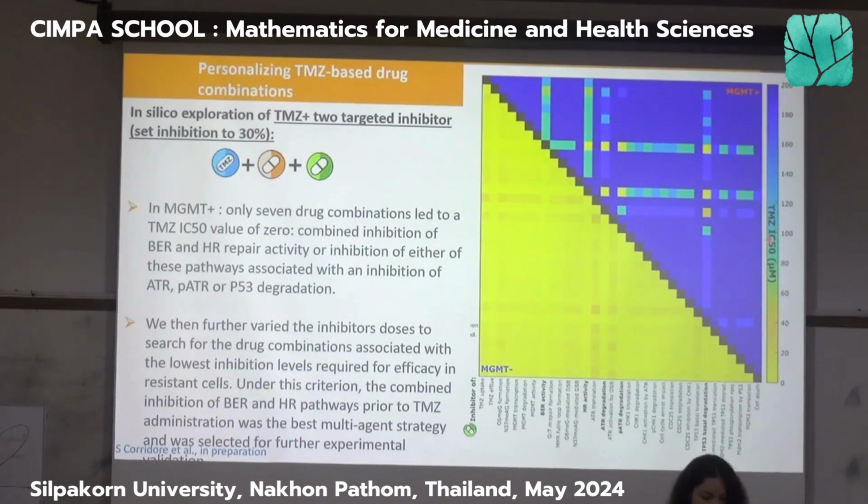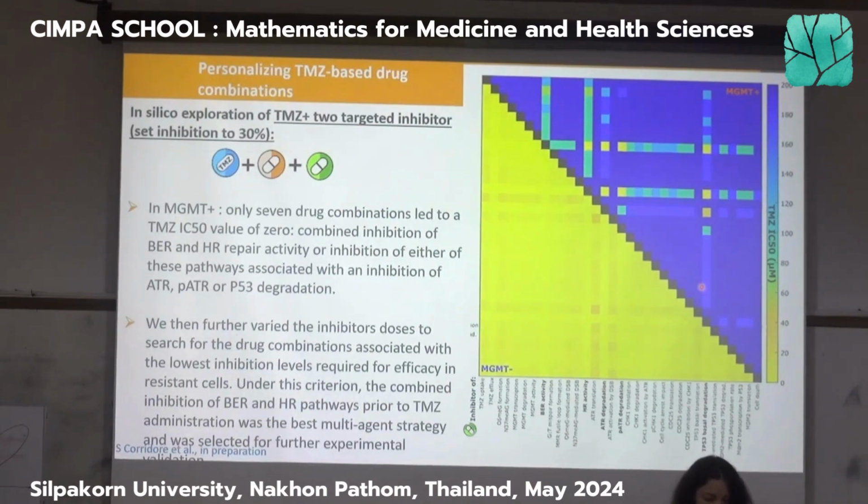And as you can see, we have some interesting lines around here, and here, and here. Those lines are the ones which are bold. They are more or less the same as the ones that we discovered in the slide before. So this is base excision repair, BER. This is HR, homologous recombination. Again, ATR and P-ATR degradation, and P53 degradation.